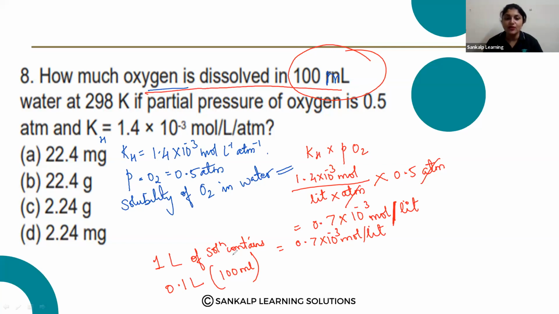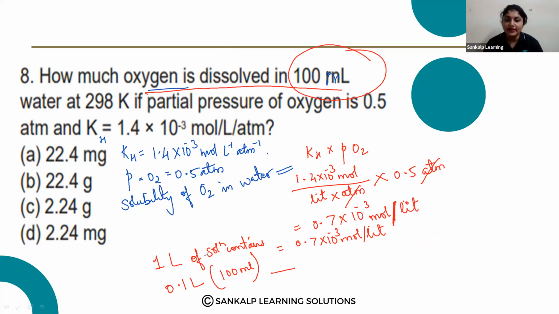So for 1 liter of solution, it contains 0.7 into 10 raised to minus 3 mole. So 0.1 liter, that is 100 ml, contains 0.7 into 10 raised to minus 3 into 0.1 moles of oxygen. So you have to multiply it by 0.1. Understood? I'll write it again in a clear way.